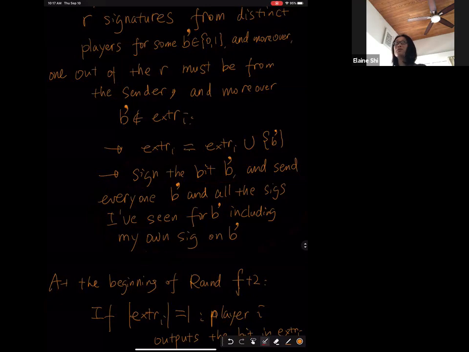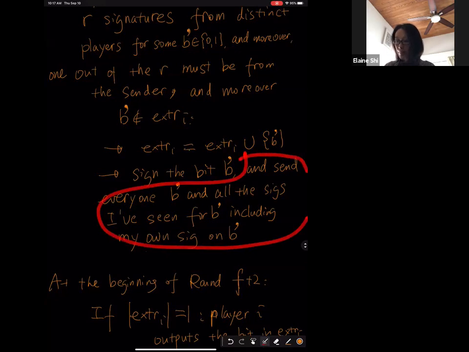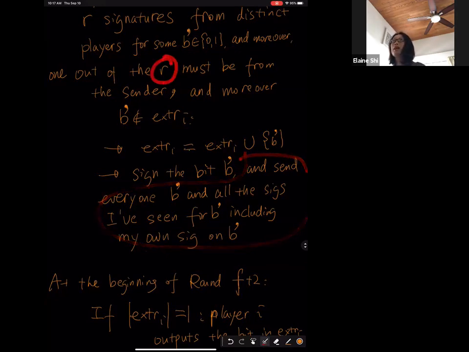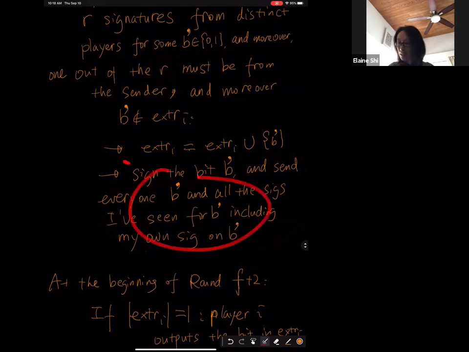That's easy to see, because if in the batch of at least R signatures I've seen there was my own signature, then this bit must have been added in an even earlier round, because I'm not going to sign it until I add it to my own extracted set.